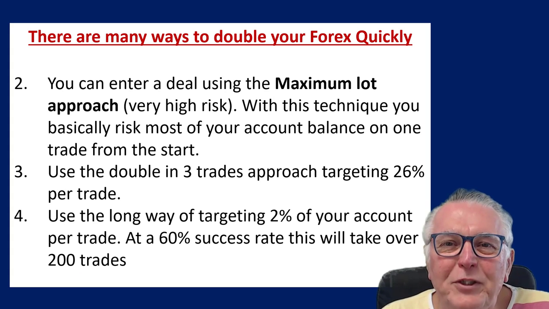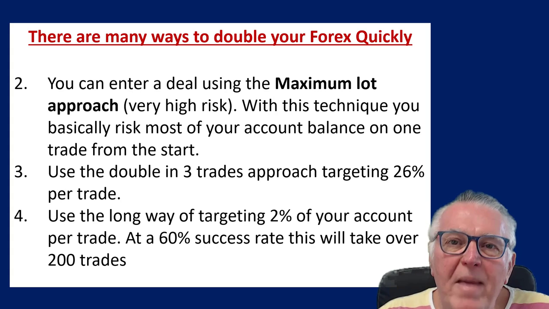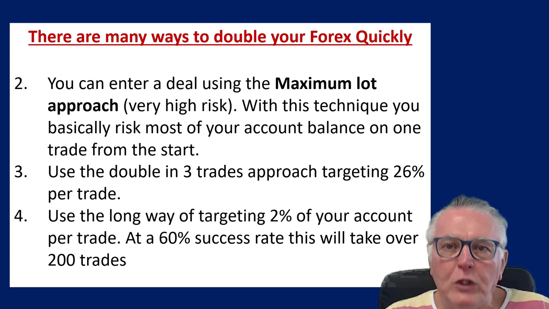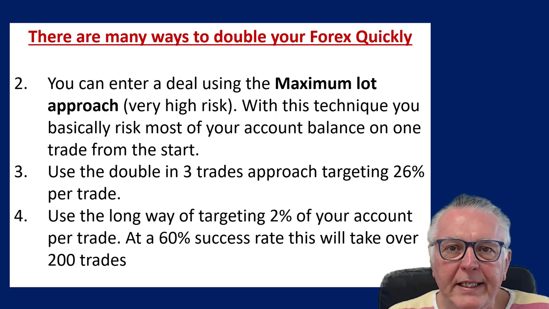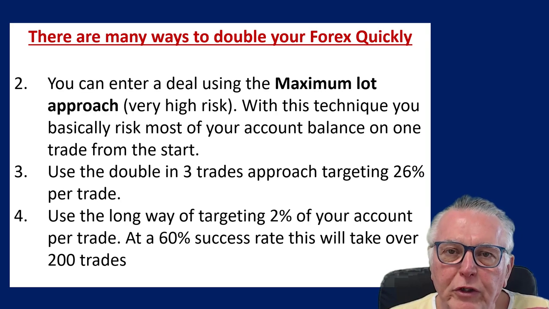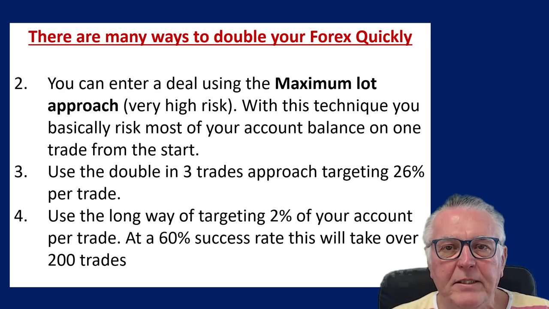The other way is you basically enter with a maximum number of lots that your account can accommodate right from the beginning. So there's no adding to the position. You already upfront are trading with the maximum amount of lots.